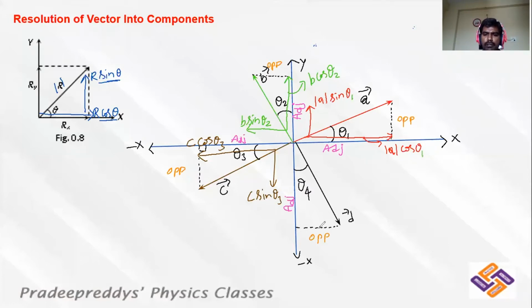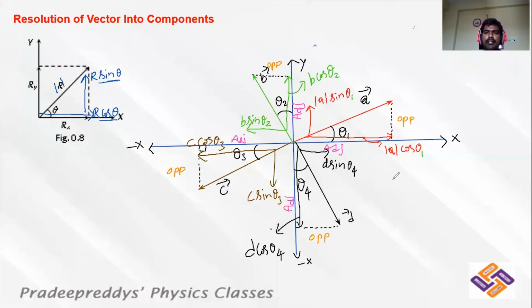Now coming to the fourth vector. The fourth vector is resolved into 2 components, one along x-axis and the other along y-axis. Along y-axis, it is adjacent side. So this is written as D cos theta 4, and this is D sin theta 4. Okay, so I think now you have got a clear idea how to resolve a vector into its components.